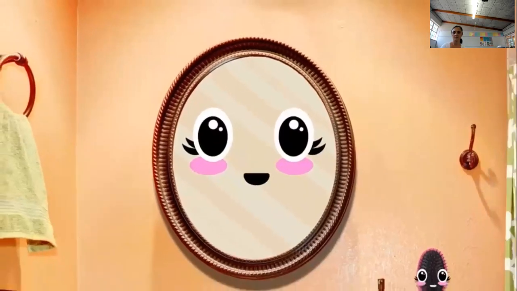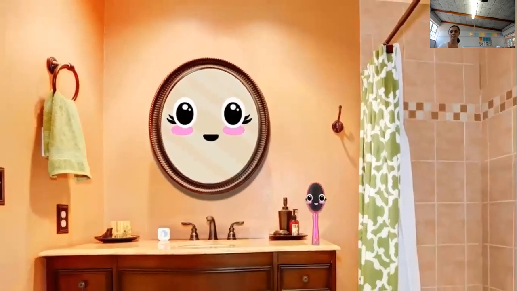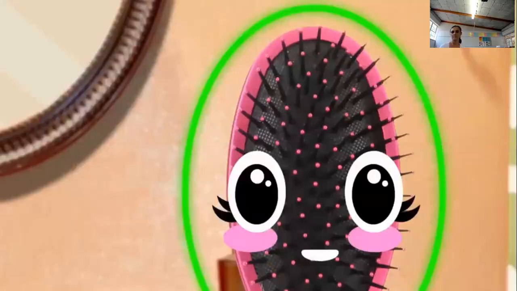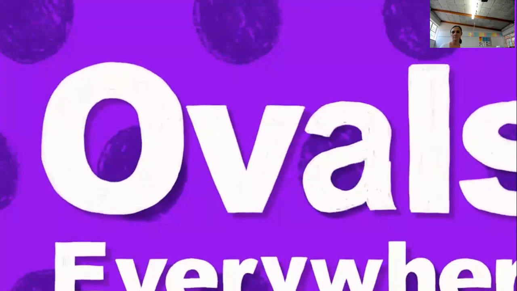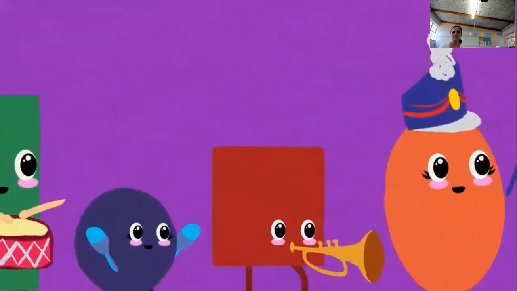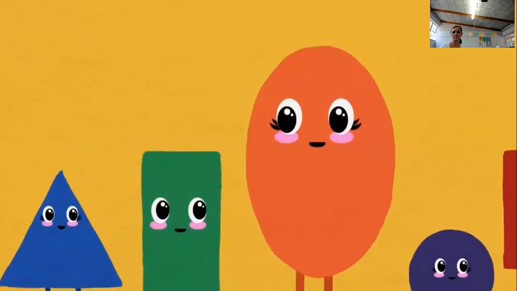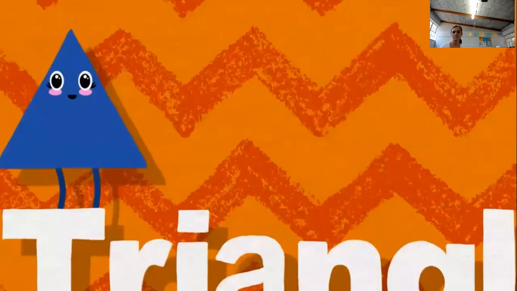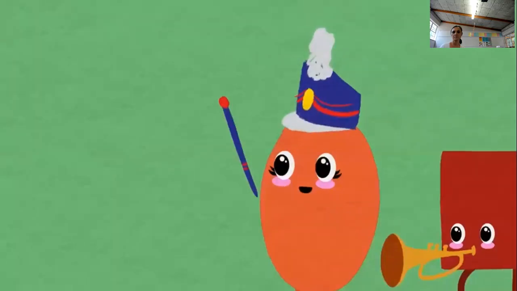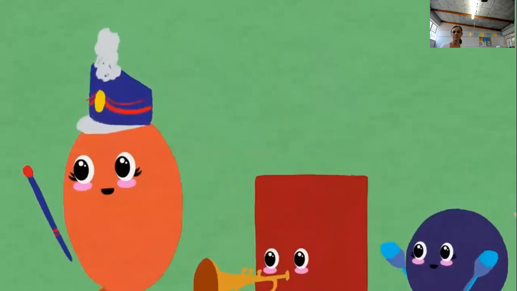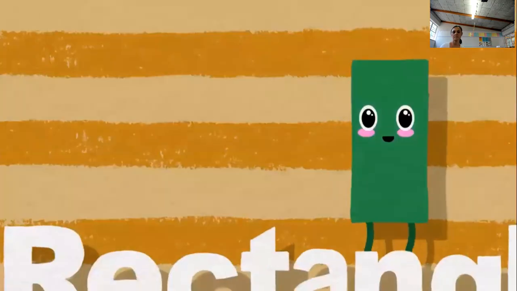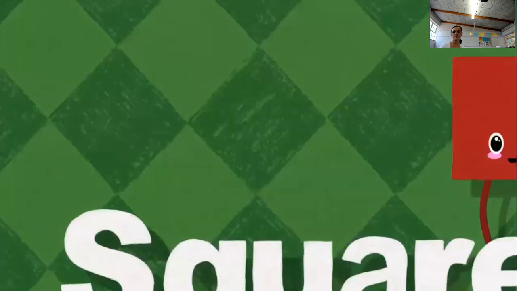Ovals everywhere. Shapes are everywhere. Triangle, rectangle, oval, circle, square.